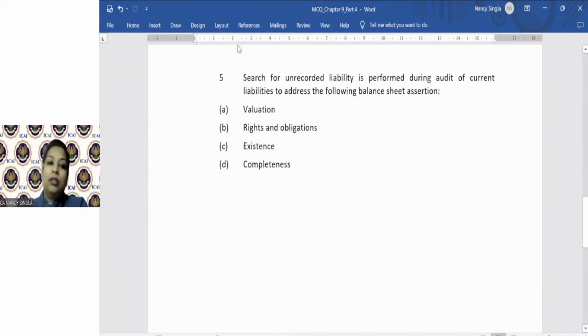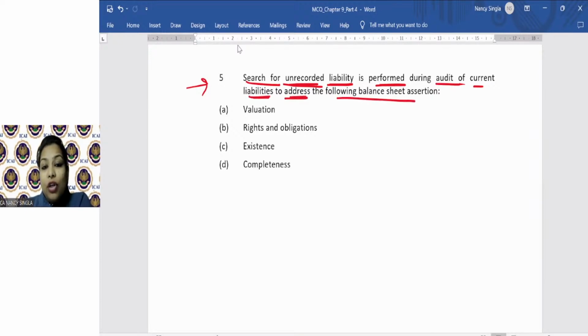Now this last MCQ for today. Search for unrecorded liability is performed during the audit of current liabilities to address the following balance sheet assertion. Is it valuation, rights and obligations, existence, or completeness?